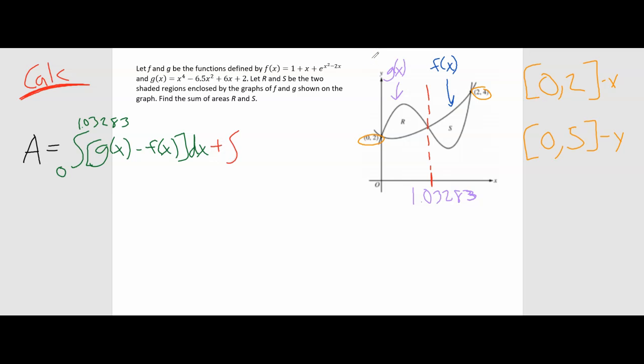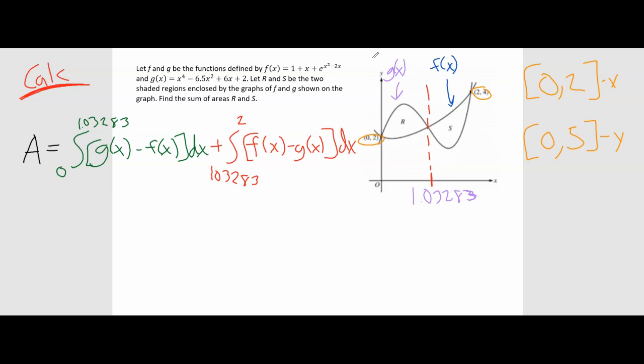Plus the integral from 1.03283 to 2 of f of x minus g of x. Make sure you put those in brackets, dx. So that's our integral here. From here, you could go straight to the calculator.